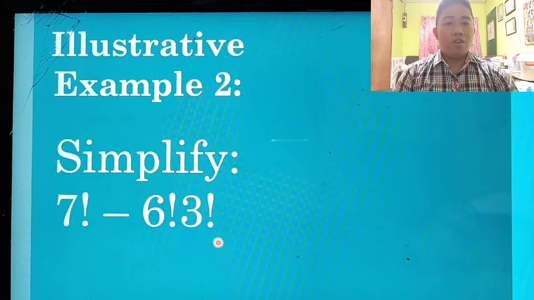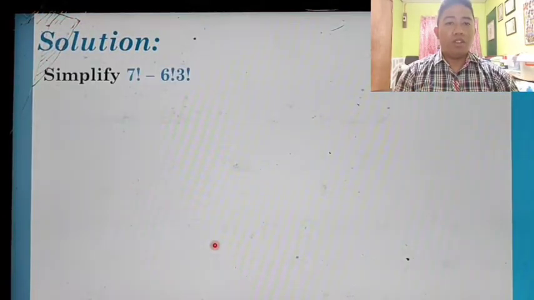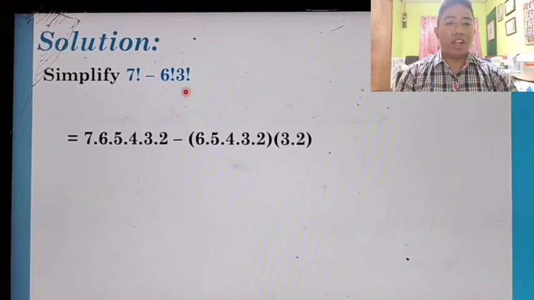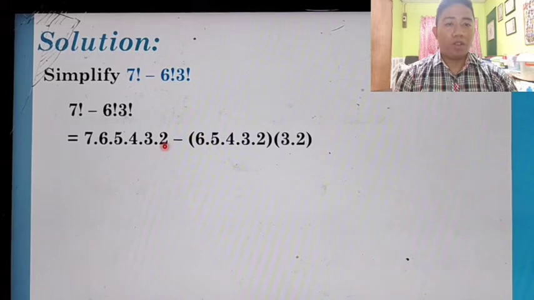To simplify the given mathematical expression containing factorials, here is the solution. We know that 7 factorial is 7 times 6 times 5 times 4 times 3 times 2, and in this process you cannot omit 1 as the last factor, since multiplying by 1 gives the same answer.